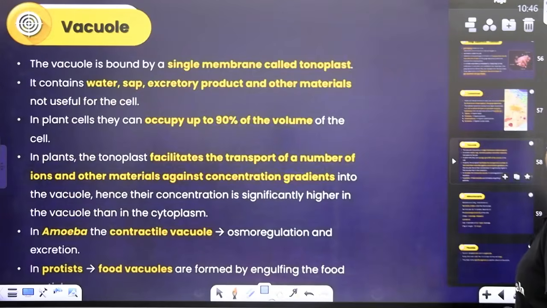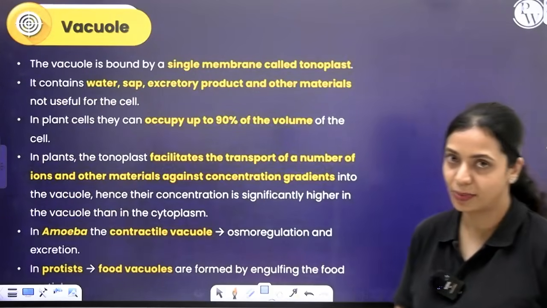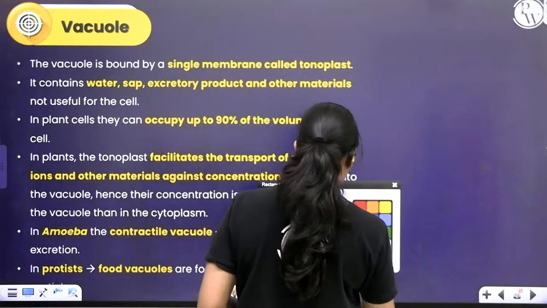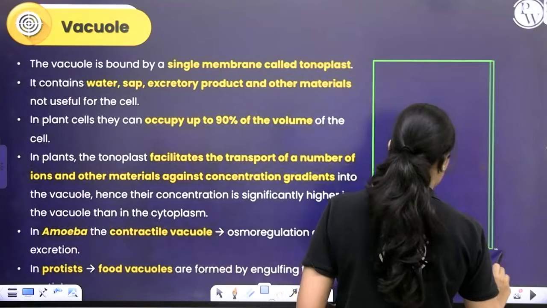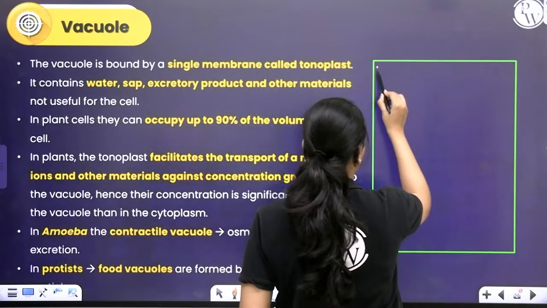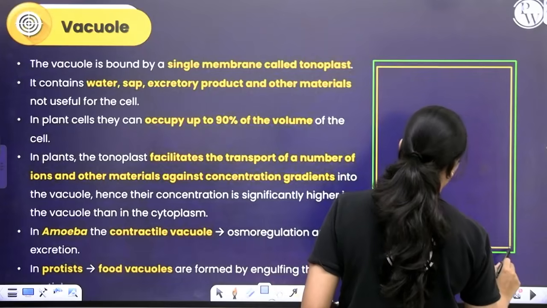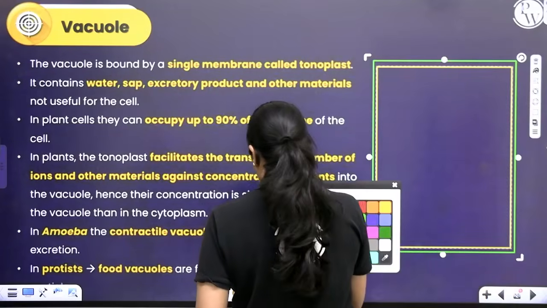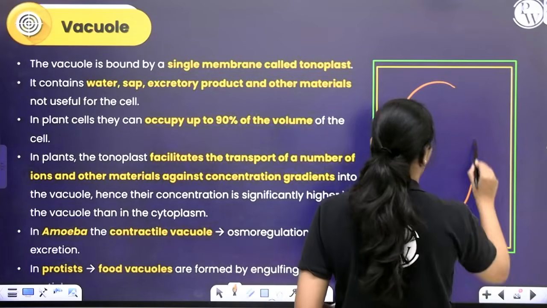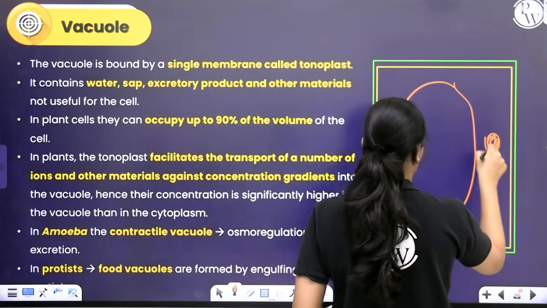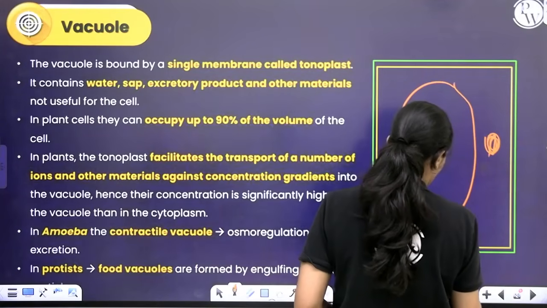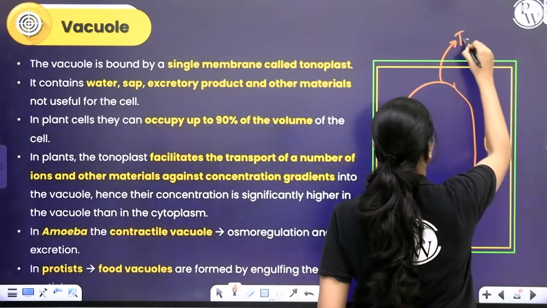Now let's talk about the last part of the endomembrane system, which is the vacuole. You mostly find it in plants, right? In plant cells, you have a cell wall, you have the cell membrane, and within the cell membrane, you have the cytoplasm, and you have a large central vacuole in plants. The nucleus also goes off to one side. This is the vacuole. The membrane of the vacuole is called the tonoplast.